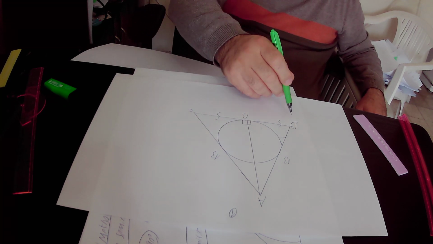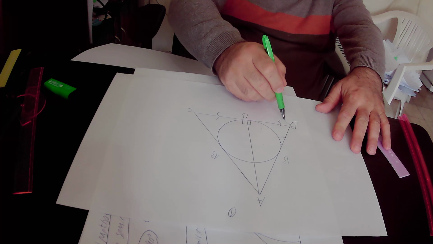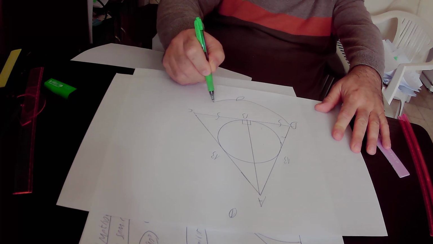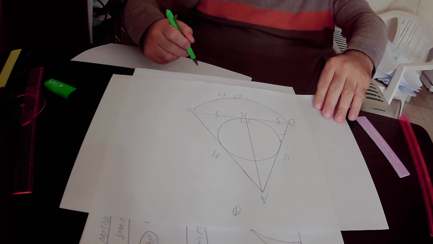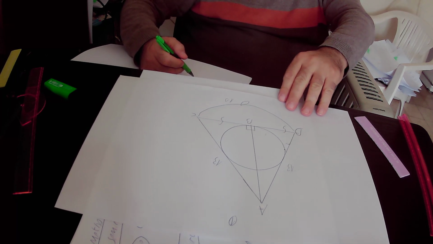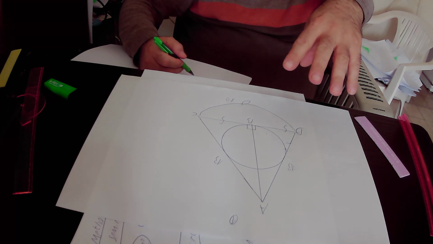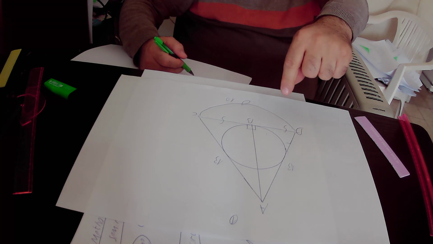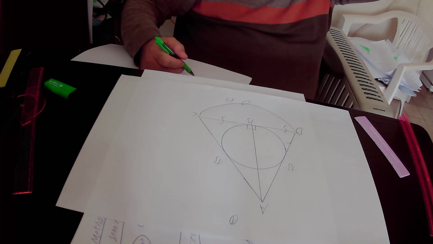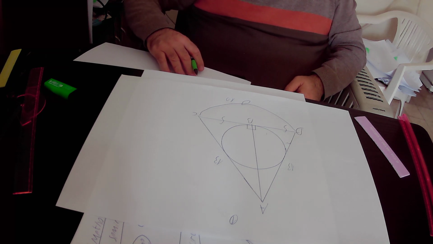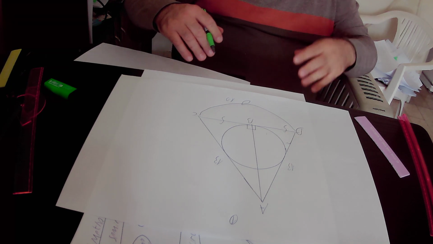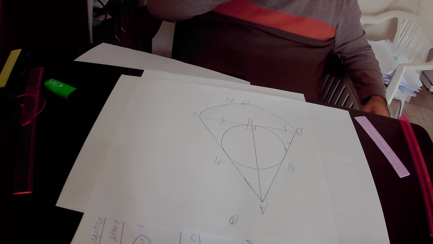So here DC equals 5 plus 5, that is to say it equals 10 units. So we got this triangle ADC that blocks this circle, and this is an isosceles triangle.